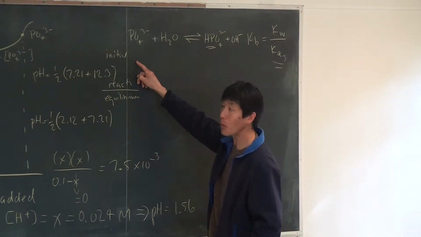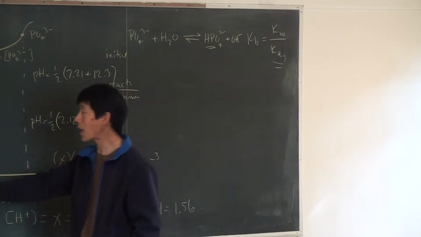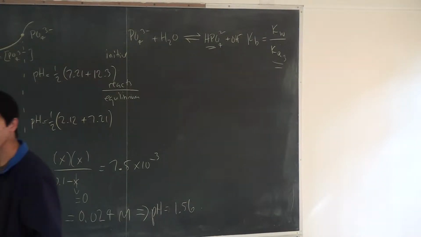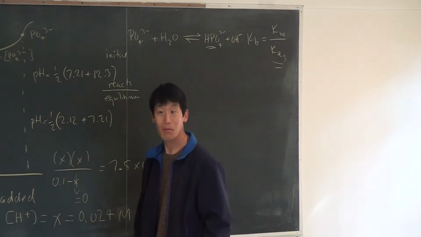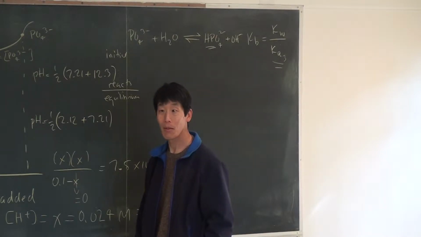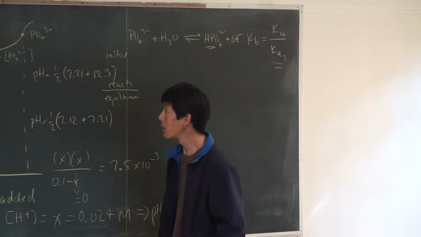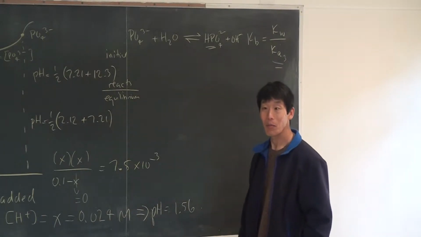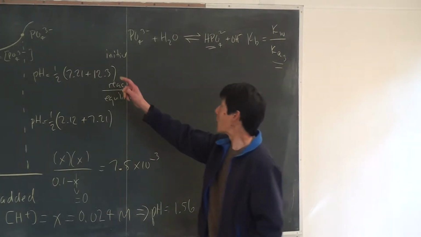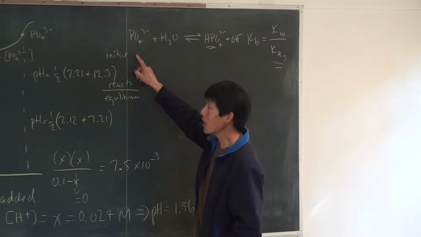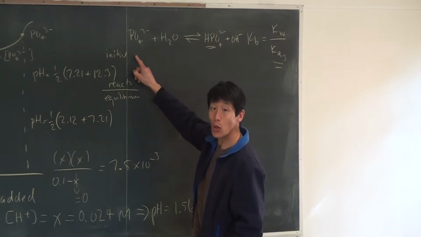Is it going to be 0.1 molar, which was the concentration of phosphoric acid before you start the titration? Yeah, so we want to figure out the initial concentration of phosphate so we can do this calculation. Is this concentration going to be 0.1 molar?